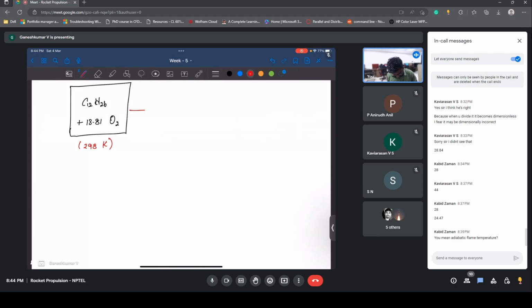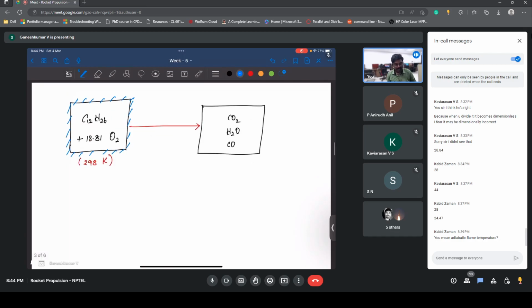Upon conversion it forms some moles of CO2, some moles of H2O, some moles of CO, and so on. I'm telling you that it is adiabatic, so no heat is released outside.